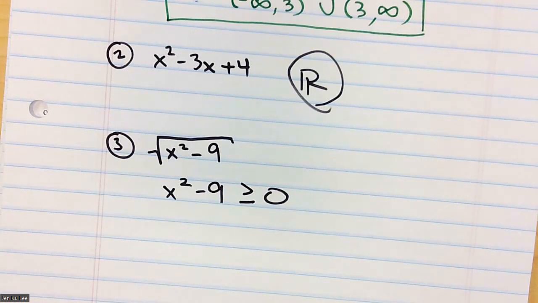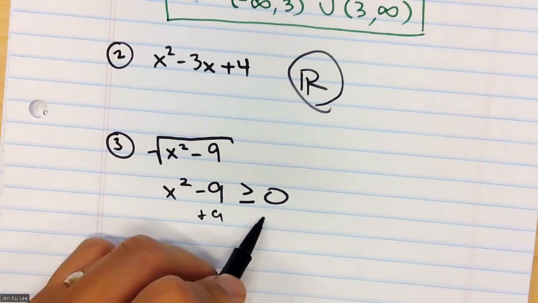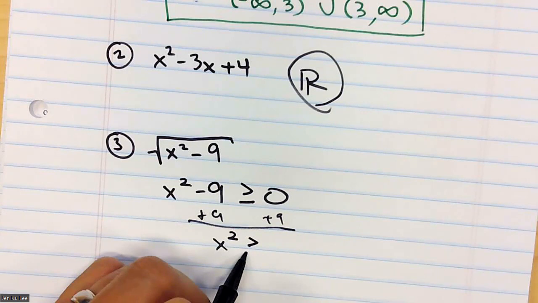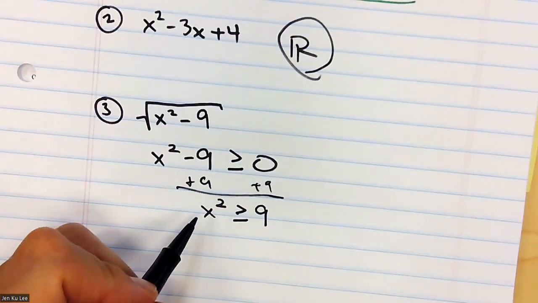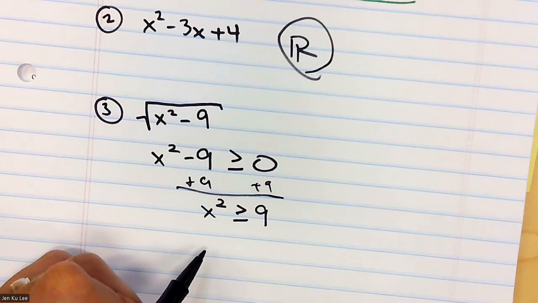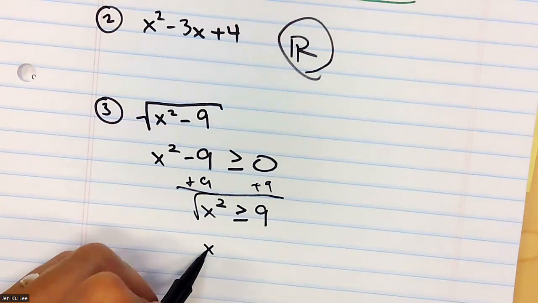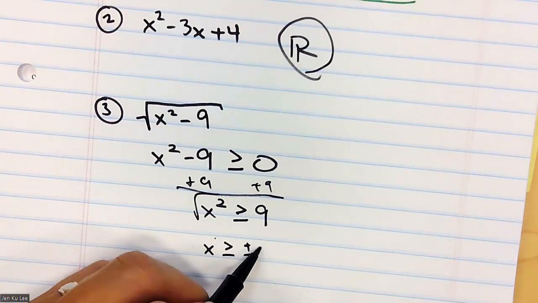Greater than or equal to 0. It must be positive or 0. So just solve it. Add 9. X squared needs to be greater than or equal to 9. So the absolute value of x needs to be greater than or equal to 3.